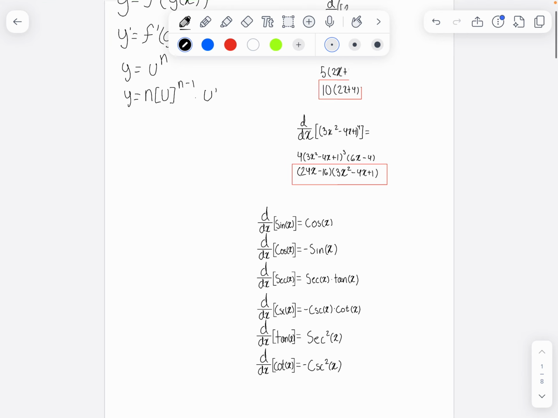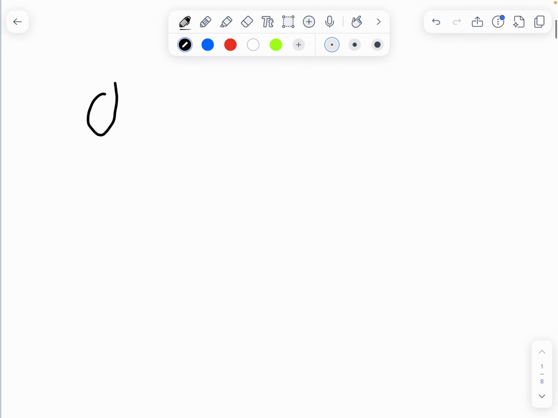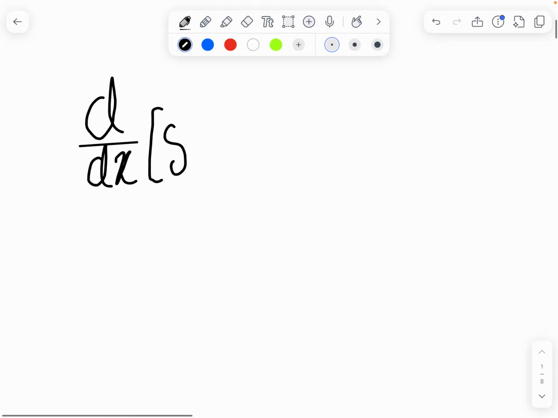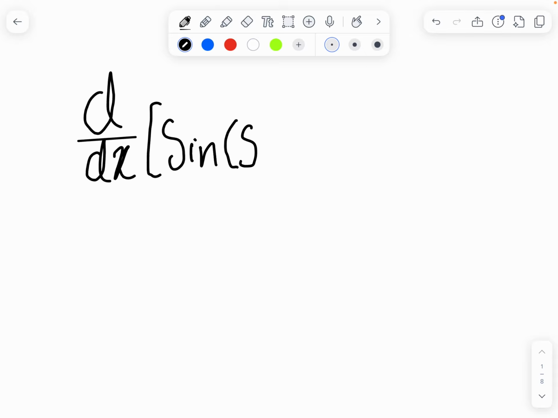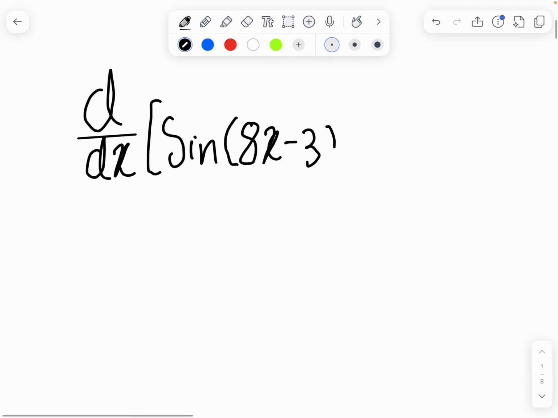What is the derivative of sine of 8x minus 3? So hopefully you've written down those trig values, and you've finished working on the question. So let's get started. First, we need to differentiate the outside.